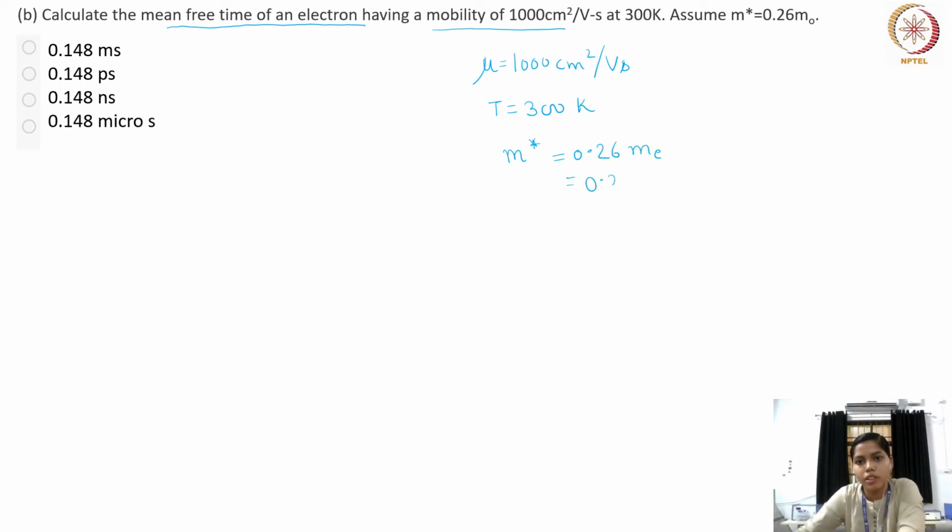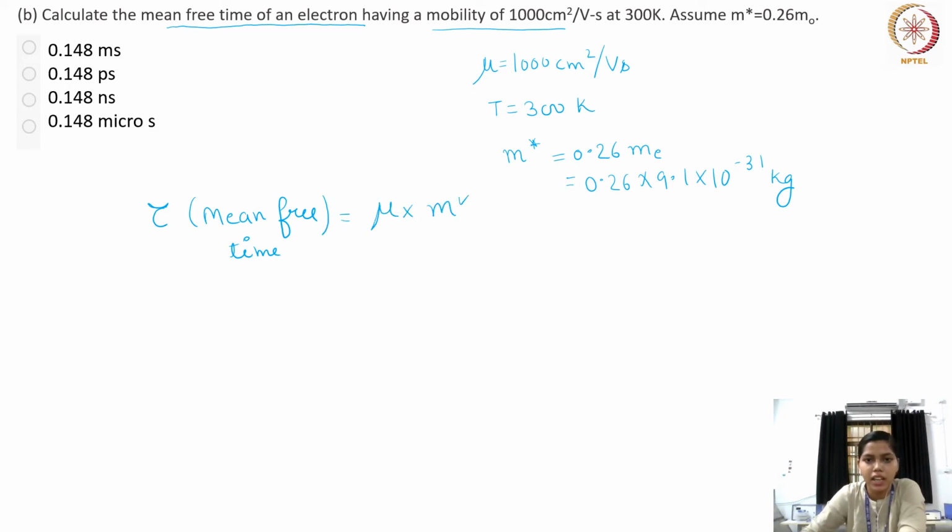So that will be 0.26 into 9.1 into 10 raised to the power minus 31 kg. Correct. And the expression we have just written, the mean free time, represented by tau, is given by mu multiplied by m star divided by the charge on the electron. That is, the charge on the electron is 1.6 into 10 to the power minus 19 coulomb.